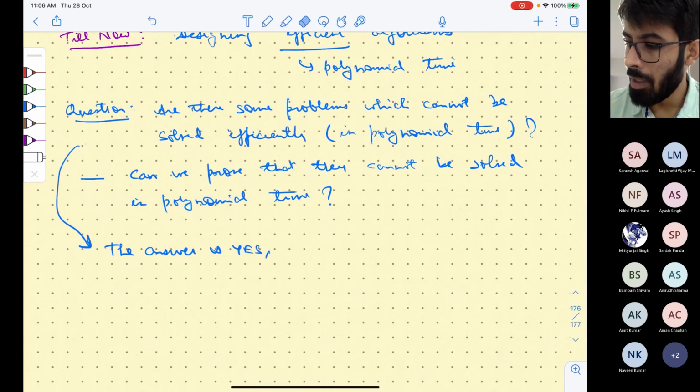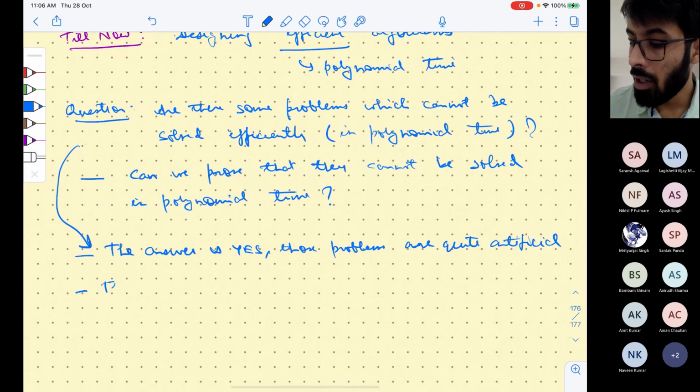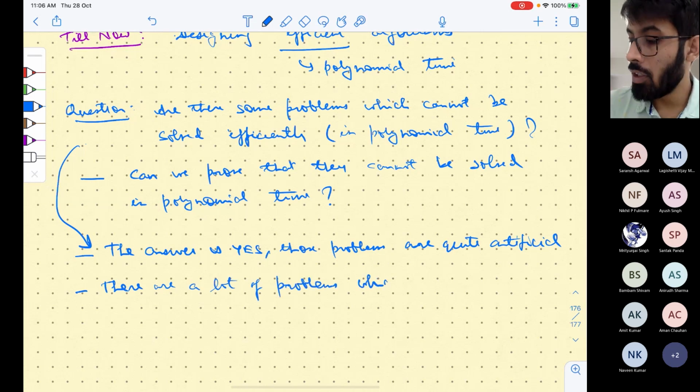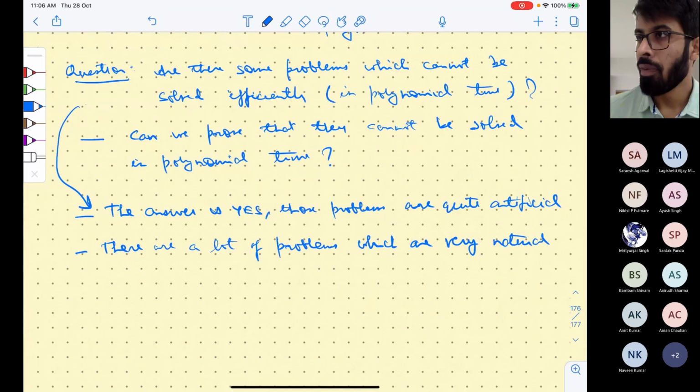But those problems are not very interesting. They are quite artificial. On the other hand, there are a lot of problems which are very natural, coming from the real world, or even mathematical problems, combinatorial problems, and so on.